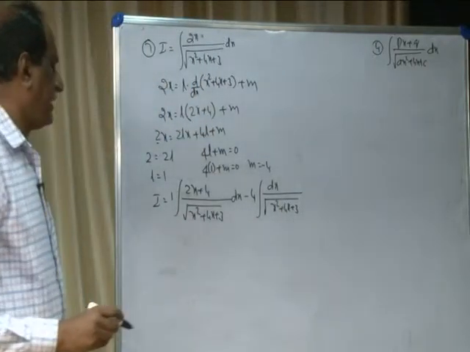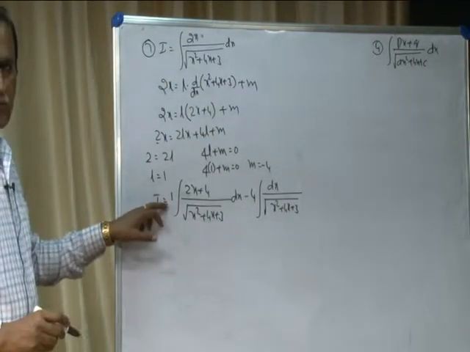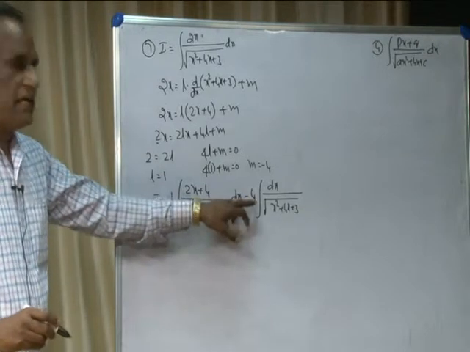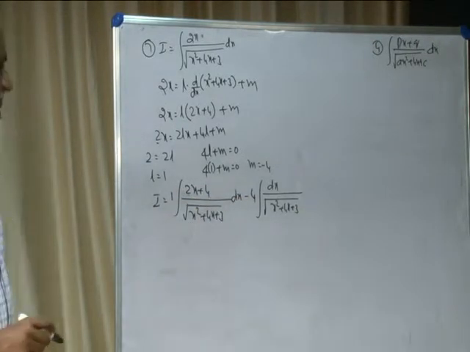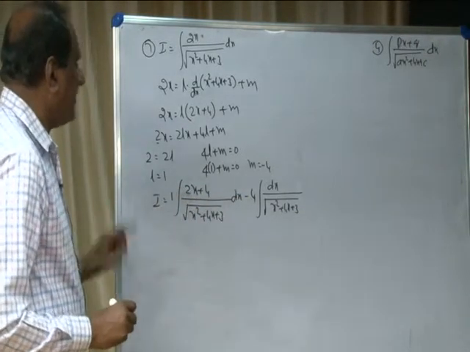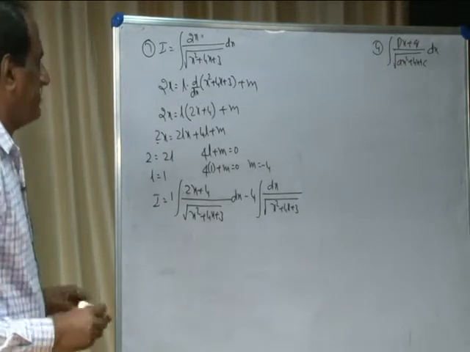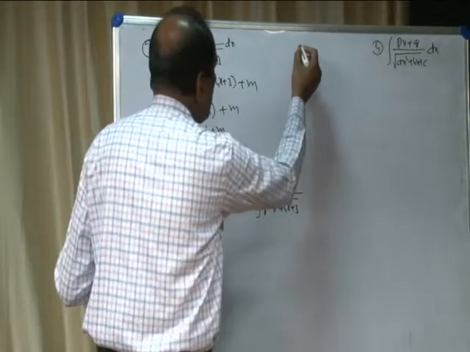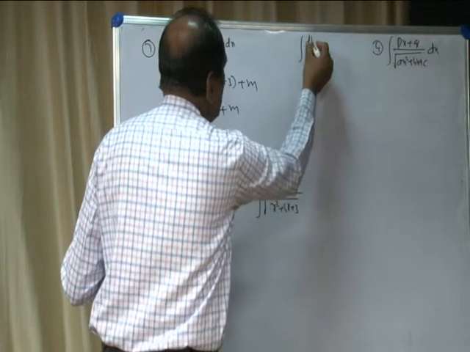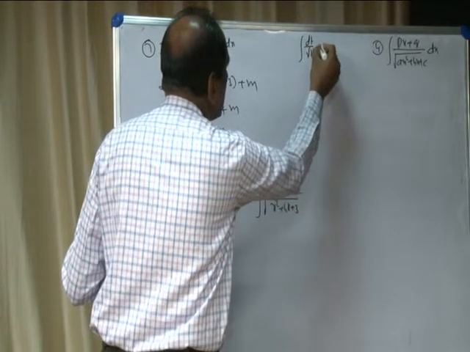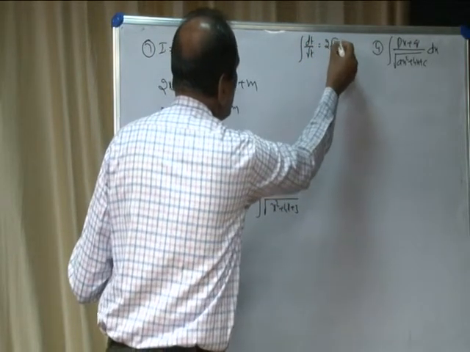There are two integrals. In the first integral, 1 is a constant outside; in the second integral, minus 4 is a constant. This is exactly of the form dt by root t. In the last problem of the last class I explained that integration of dt by root t is 2 root t.